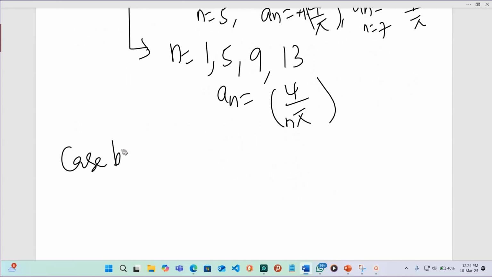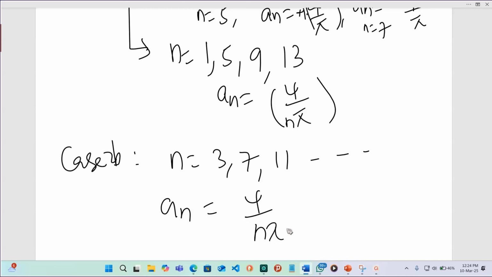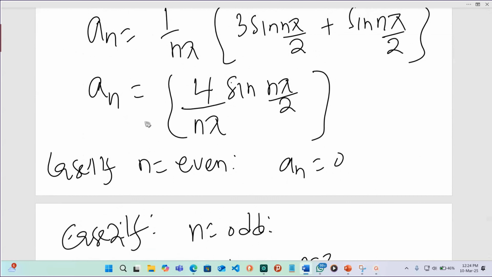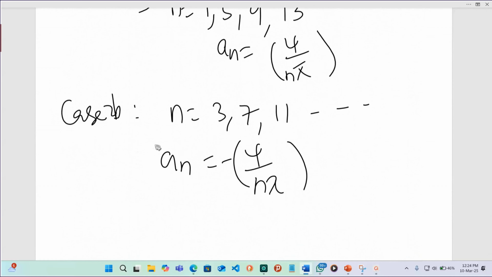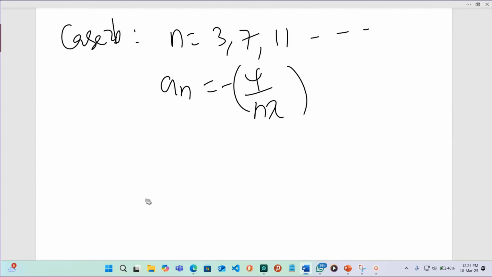Then case 2b, n equal to 3, 7, 11, and so on, a_n is equal to 4 over nπ, but negative. So that is just a simple test.